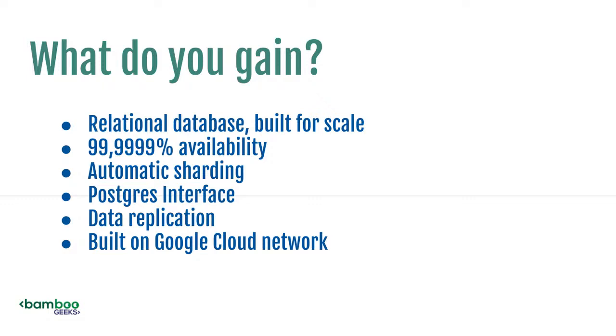And it's also built natively on the Google Cloud Network, so that's why it's always available, and that's a plus. That's why it's always on top, up from the Google Cloud SQL service.